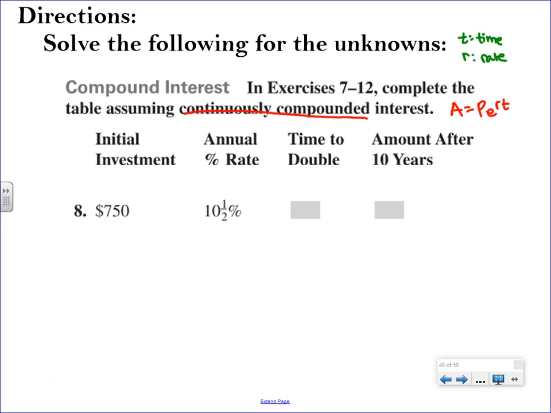What's P? Initial investment. Usually with money, you think of it as the principal balance. Principal? Maybe it's principle. One of the two.